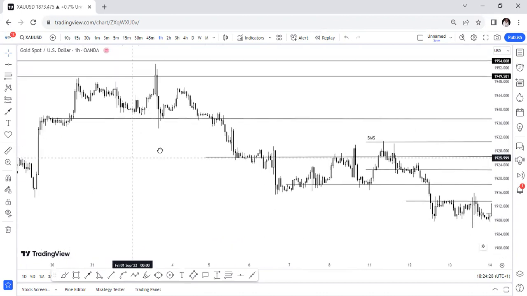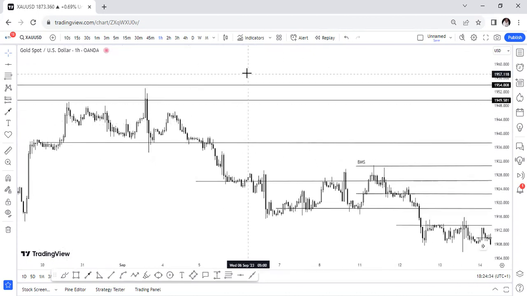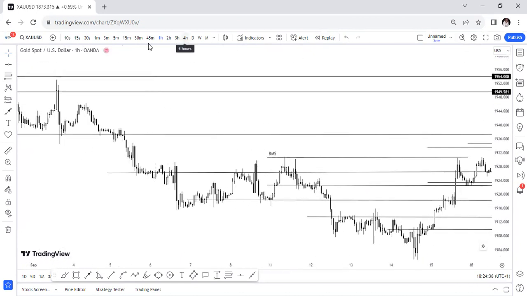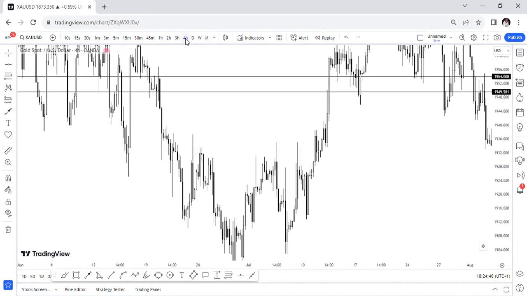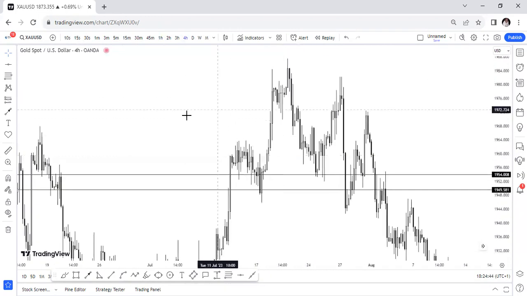Okay, no wonder. You can imagine all these are fresh levels. On 1 hour, you will still go down to 15 minutes, 30 minutes to see a possible fresh level that the price will react to.